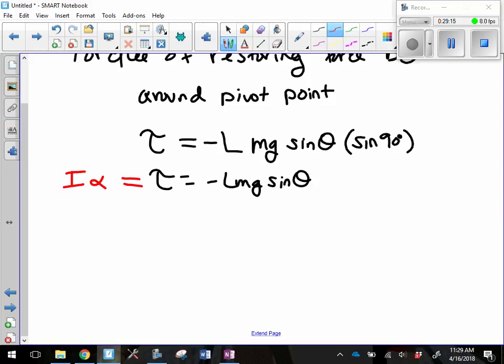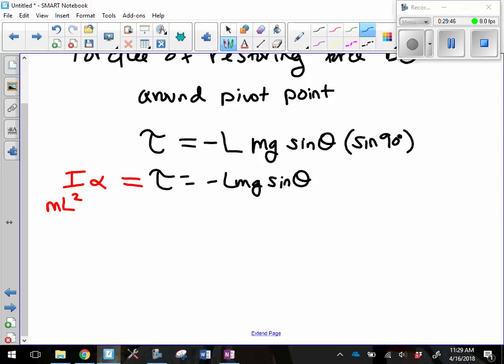Now, what's I going to be from my pendulum bob here? m L squared. Okay. Well, I want to write one thing for a minute here.